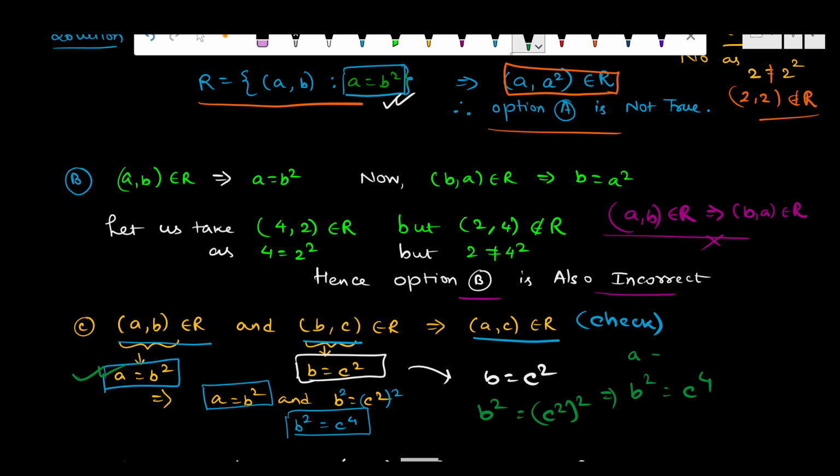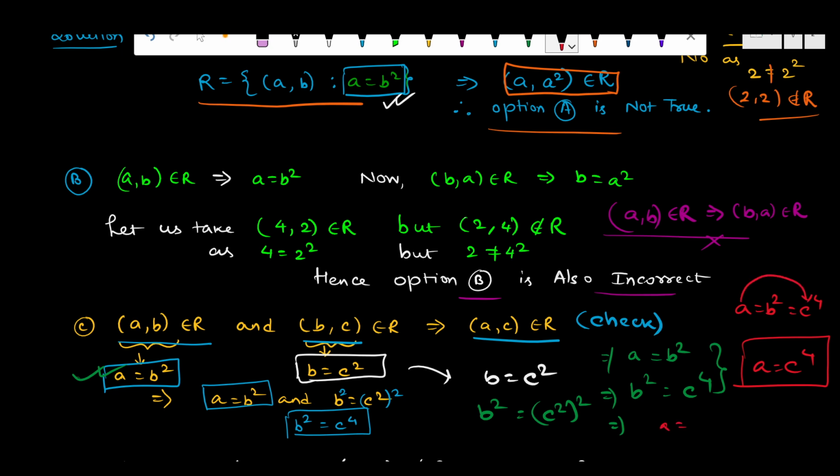And from here we have a equals b square, combining these two we get a equals c to the power 4. How? As a equals b square equals c to the power 4, so a equals c to the power 4 means a equals (c square) square. So the pair (a, c square) can belong to R, right?